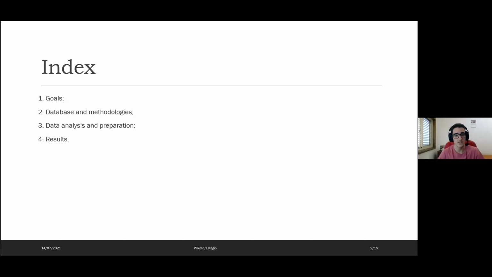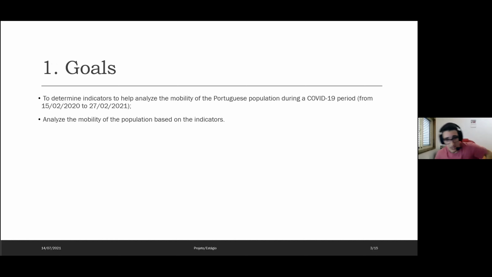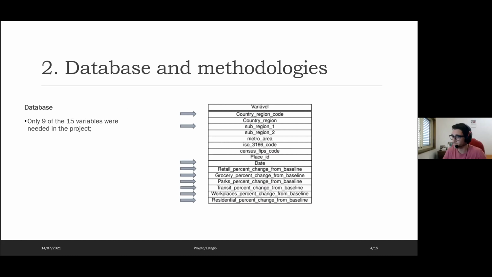Chapter 4 will only present the results for the Northern region, since there are 7 regions in total, and I would not have time to show them all. The goals were to determine indicators to help analyze mobility of the Portuguese population during a COVID-19 period, from 15 February 2020 to 27 February 2021, and then analyze that mobility based on these indicators.